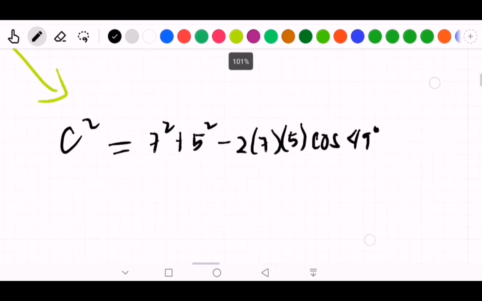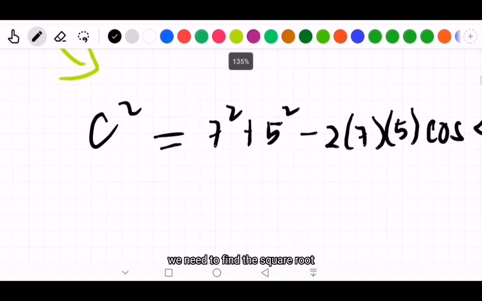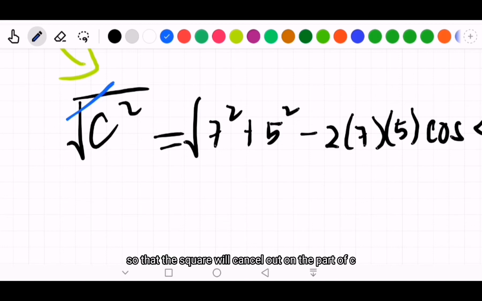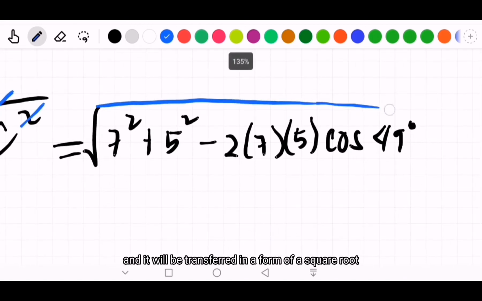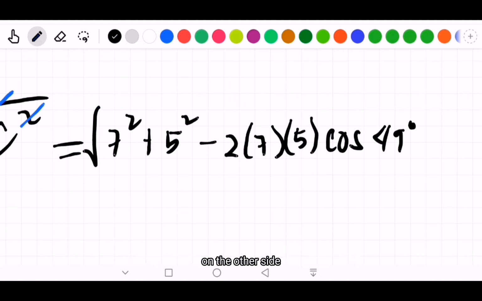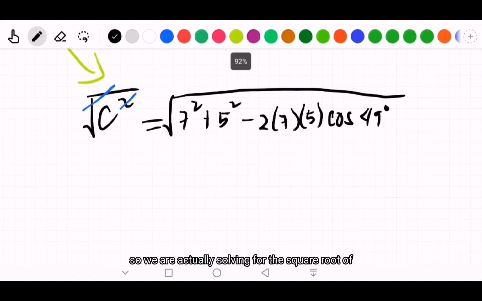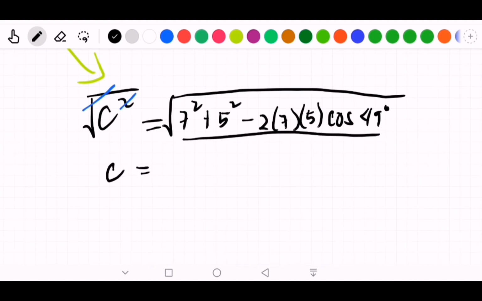Okay, since we are solving for C, we need to find the square root of both sides of this equation so that the square will cancel out on the part of C and it will be transferred in the form of a square root on the other side. So we are actually solving for the square root of the whole of this.